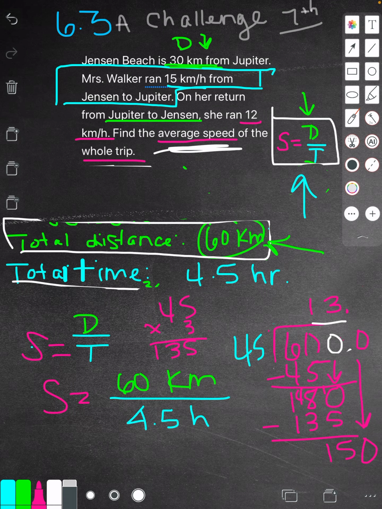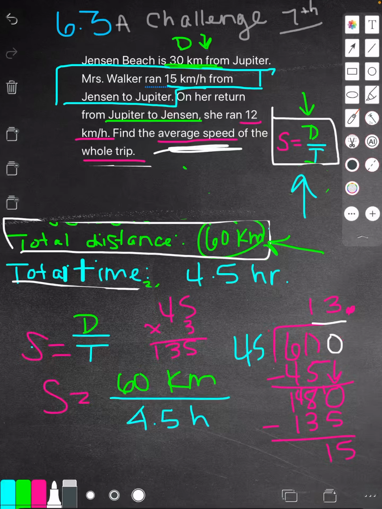My option here is that I can go ahead and continue this problem the way that it is, or what I could also do is go back a step and write it as a fraction. That's totally up to you. You can continue going. This is one of those decimals that's going to keep going and going. So instead of putting a new decimal in, I'm just going to write what's left as a fraction.